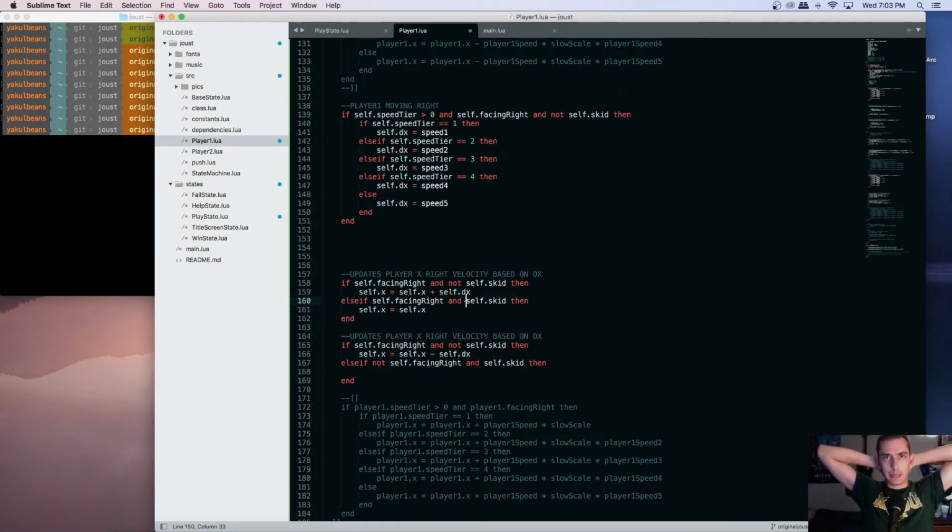Its current dx is gonna be set to whatever its speed tier is. So we need to set speed tier to 0 once dx gets to 0 and once we reset the flag for skid.